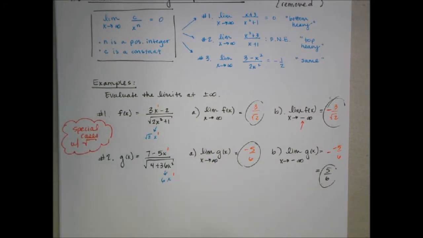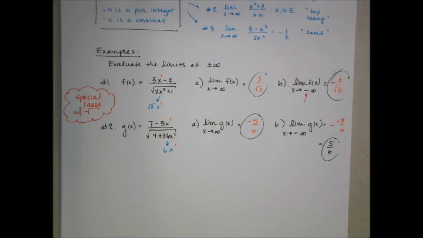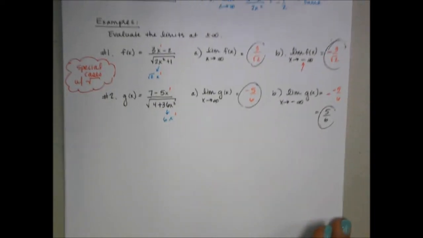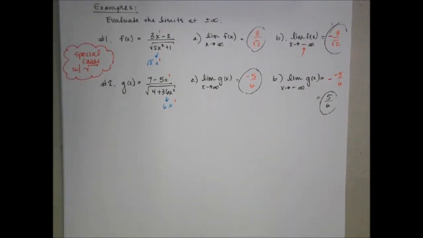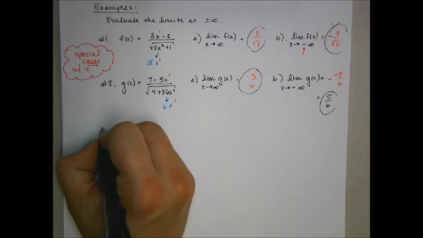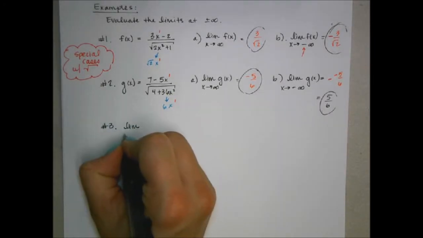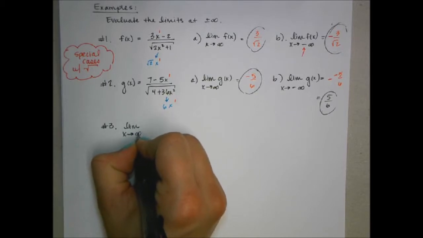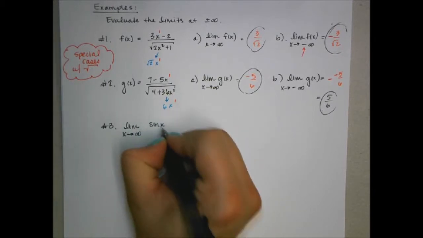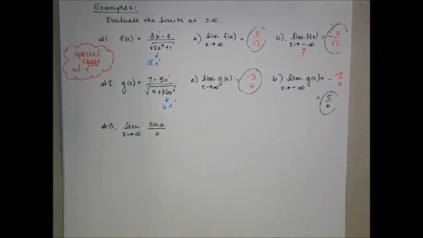Right. So we have just one more example, and this one's also a special case, but it's not going to have a square root function in it. Instead, the limit as x approaches infinity of sine x over x. These are going to have trig values. Sine, maybe cosine, maybe you'll even see tangent, but probably not. It's mostly sine and cosine that you'll run into.